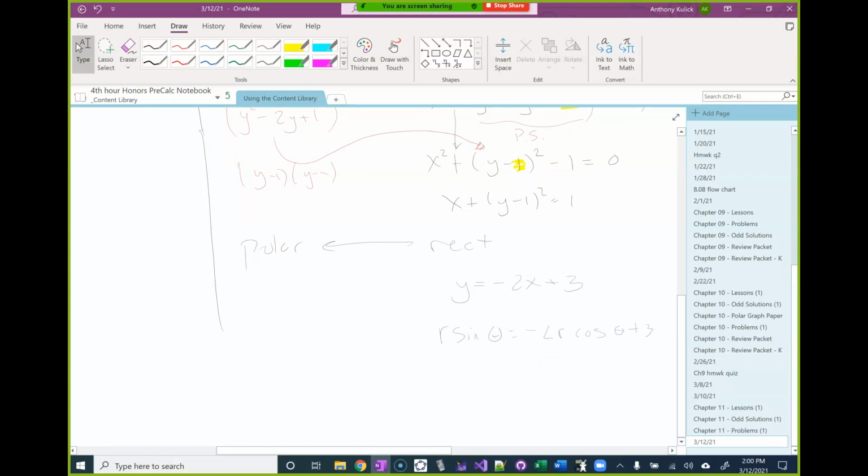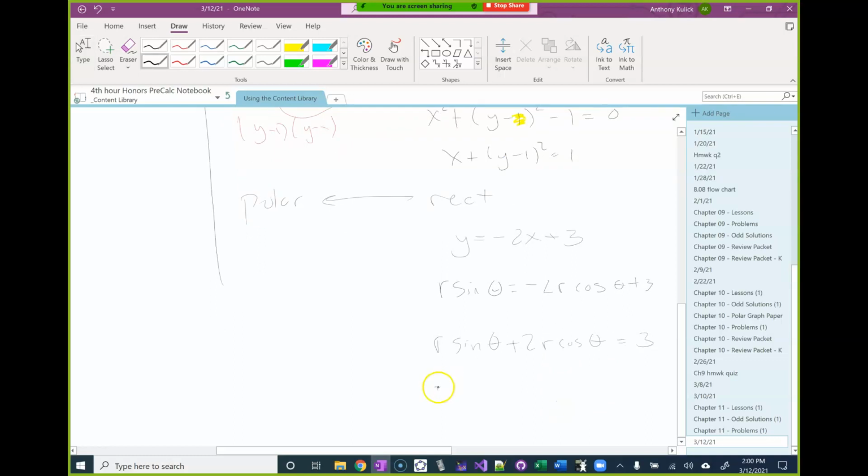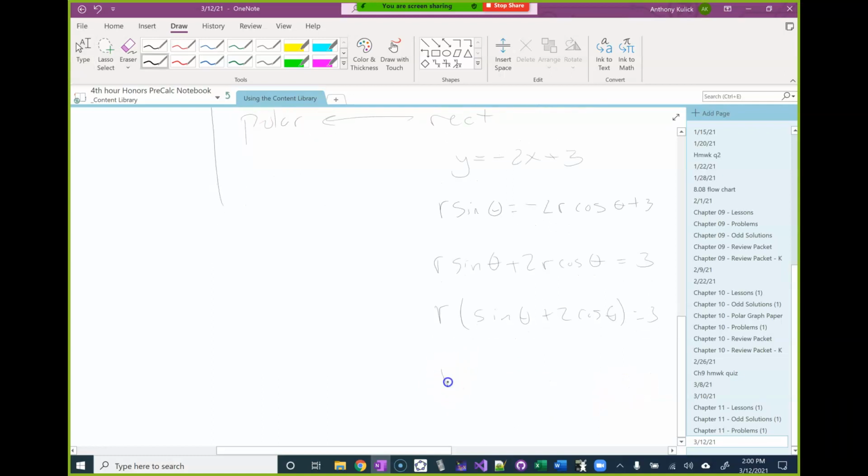Okay, I'm going to move the r's so that they're on the same side. So I'm going to have r sine theta plus 2r cosine theta equals 3. I can then factor an r out, and then just divide both sides by sine theta plus 2 cosine theta.